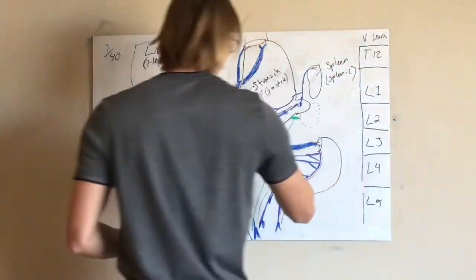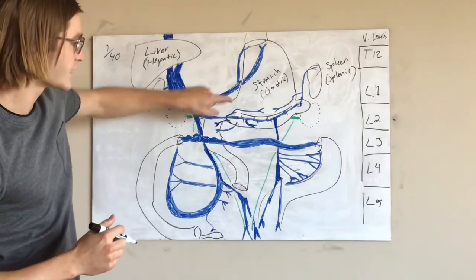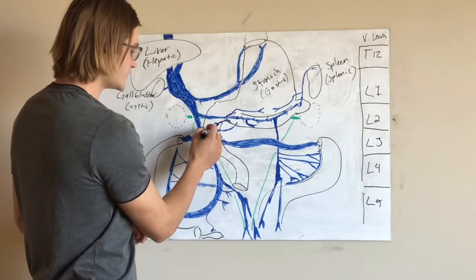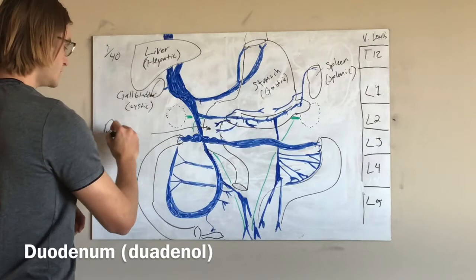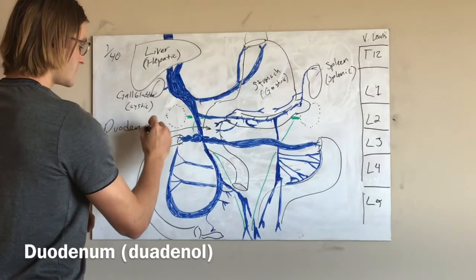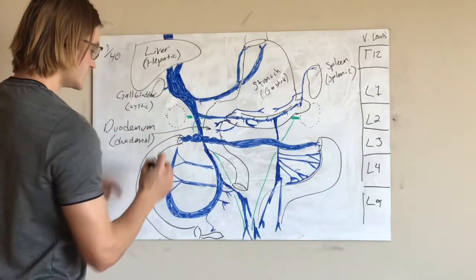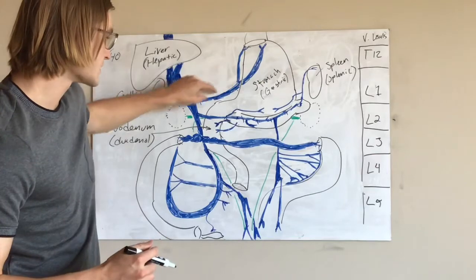This is going to be the start of the intestine. We're going to have the pyloric end of the stomach, and then we get this area right here, which is going to be called, put a big arrow, duodenum, and duodenal is the nickname. The duodenum is going to come in right here.